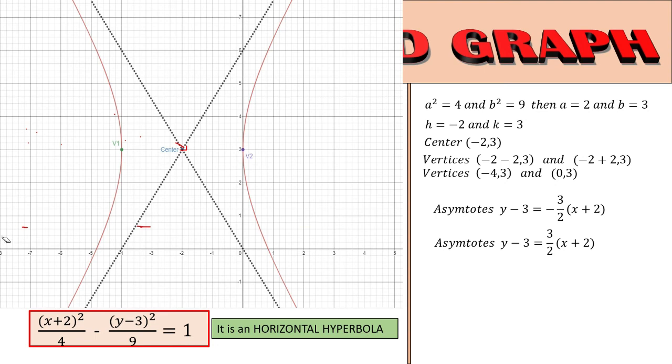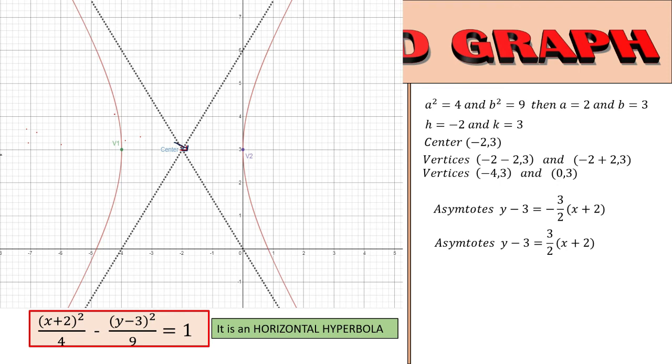Another very easy example. What do you have to do to make a graph? Well, after you have a center, this is the center here, you move a units to the right, a units to the left.